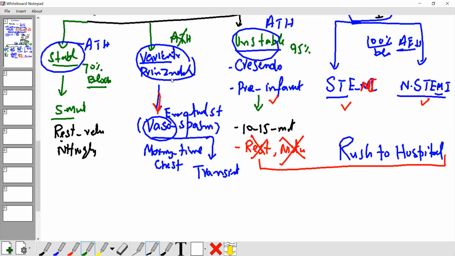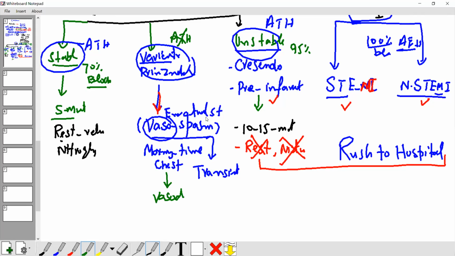Therapy for variant angina is different from stable and unstable angina. Understand? So what is the difference here? For variant angina, we just need vasodilation.